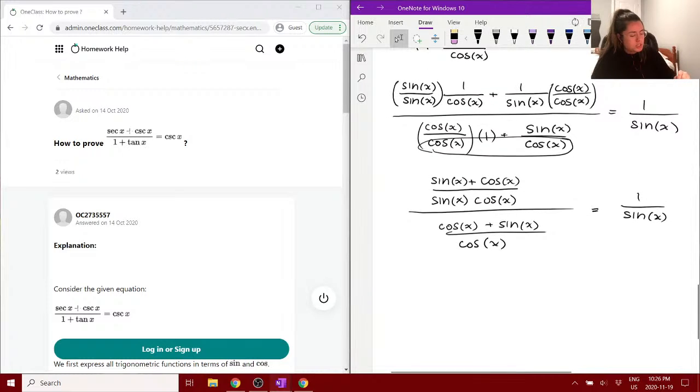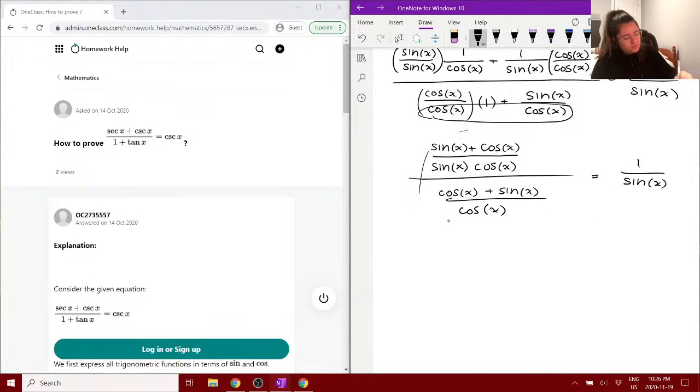Again, that doesn't change. So we have two fractions being divided, okay, which is a lot of fractions. So what we're going to do is change the way this is written.